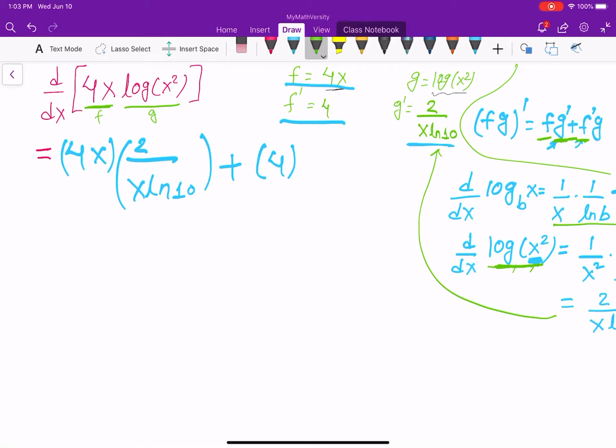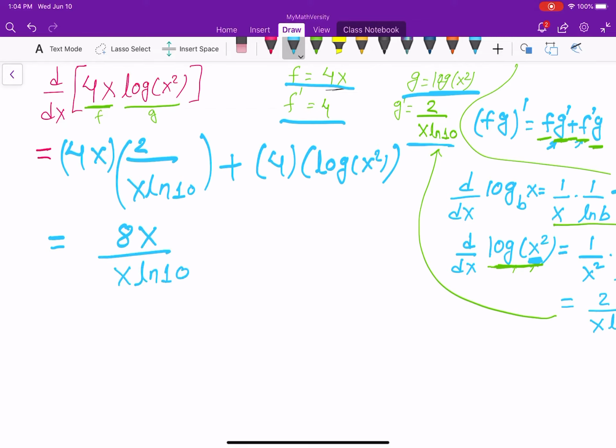And in the formula we have now g, and g is log of x squared. So write that down, log of x squared. Okay, so this is the derivative of the given function. If you want to rewrite this, it can be written as 2 times 4 is 8, so 8x over x times ln 10, plus 4 times log of x squared.